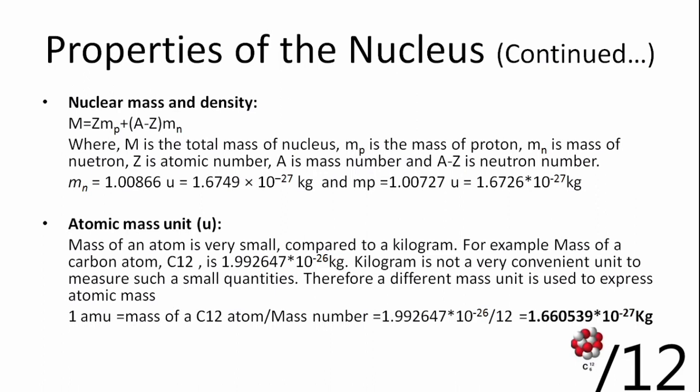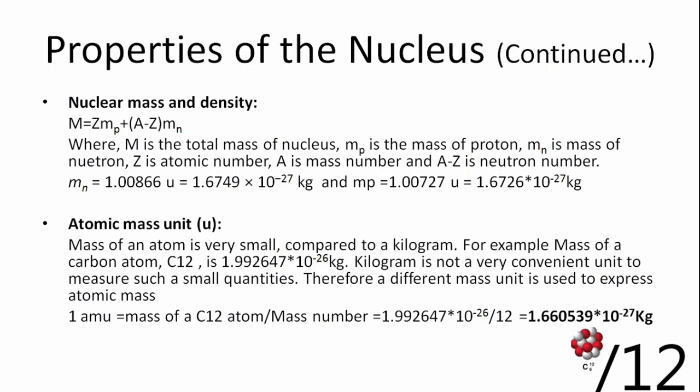Now let us see how we define one atomic mass unit. One atomic mass unit is equal to the mass of a carbon-12 atom divided by its mass number. We know that the carbon-12 atom has mass number 12 and its atomic mass is 1.992647 into 10 power minus 26 kg.